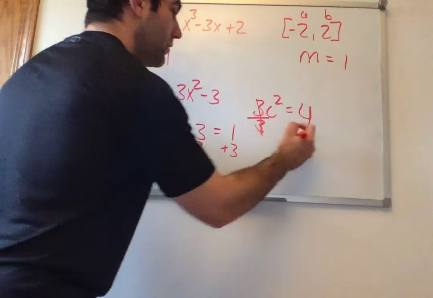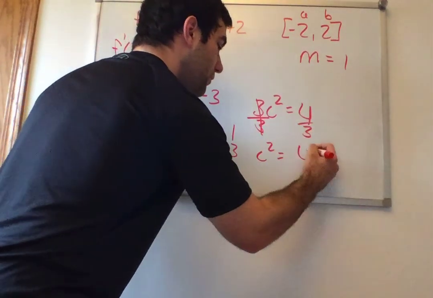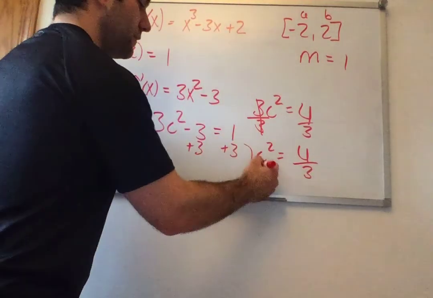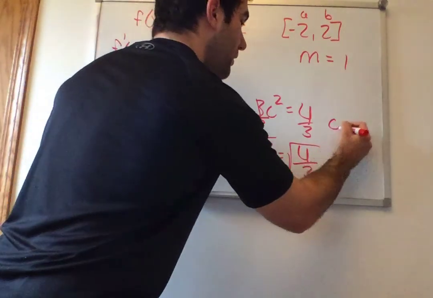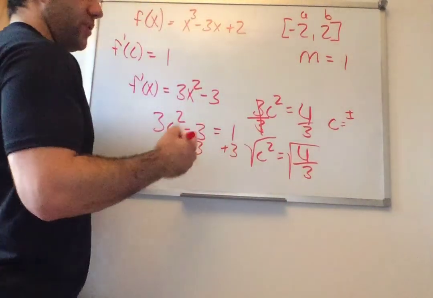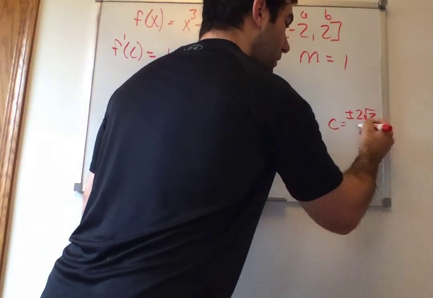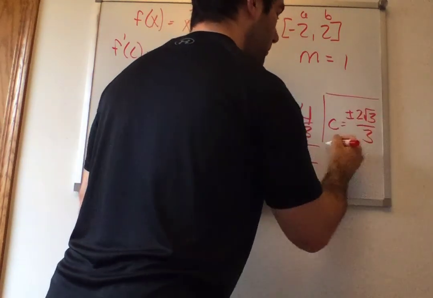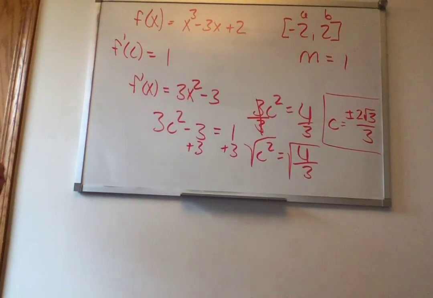Divide by 3, divide by 3. c squared is equal to 4 over 3. Square root, square root. We get c is equal to plus or minus, and I'll give you the full answer, fully rationalized, 2 root 3 over 3. So those are our c values.